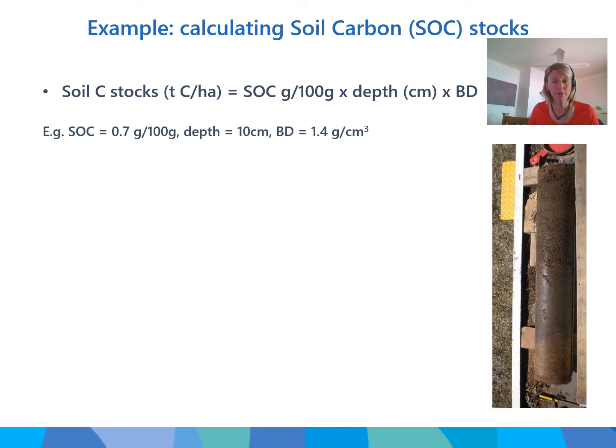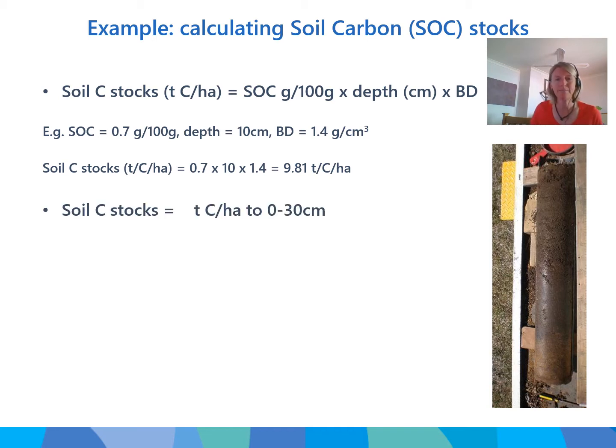If we just run through one quick example here, we can look at if we had a soil which had 0.7% carbon, or 0.7 grams per 100 grams of carbon, in the top 10 centimetres with a bulk density of 1.4, we multiply 0.7 times 10 times 1.4, which gives us 9.81 tonnes of carbon per hectare in the top 10 centimetres.